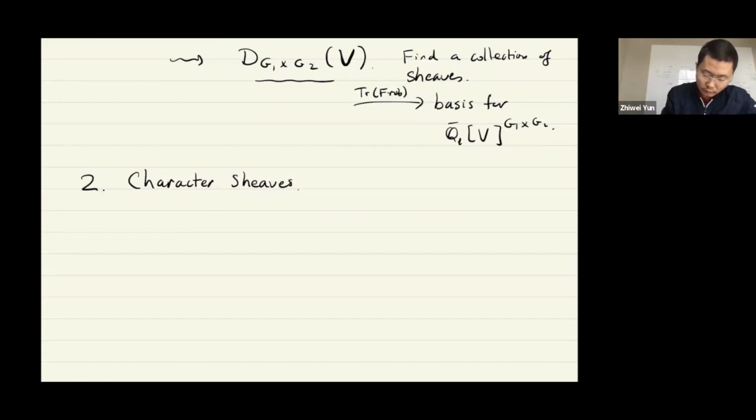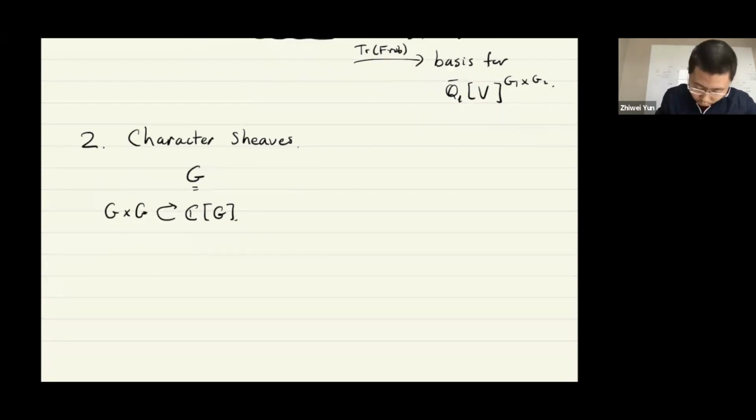So here, let G be any finite group of Lie type, and take its regular representation, G times G acting on functions on G.